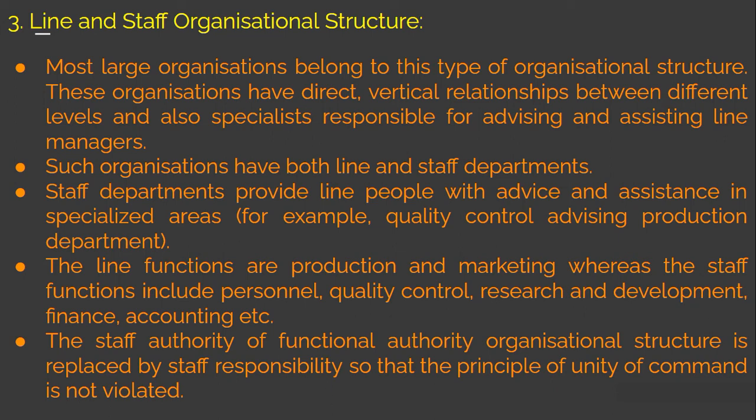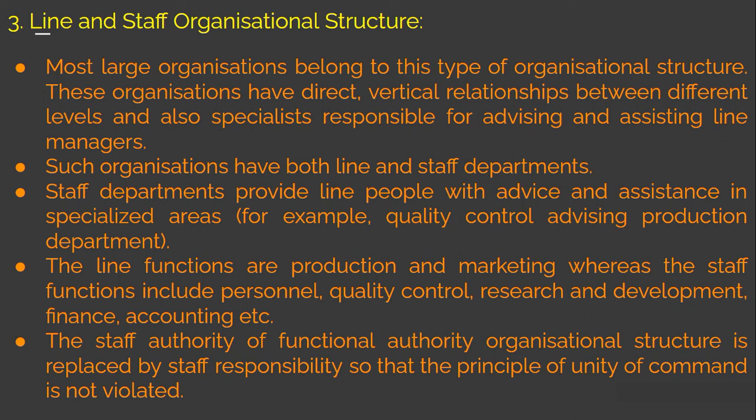For example, the quality control manager advises the production manager or the production department. The inspector advises the production department. So line functions are production and marketing, the main two functions, whereas the staff functions include personnel like quality control, research and development, finance and accounting.